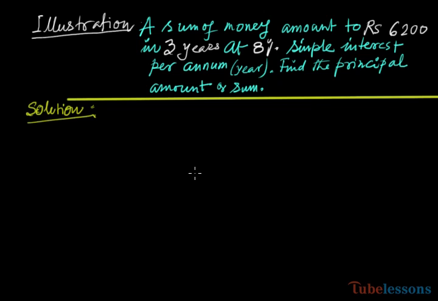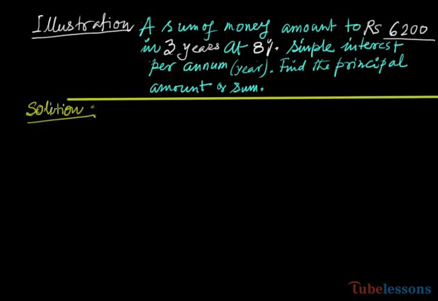Now let us discuss an illustration. A sum of money amounts to rupees 6200 in 3 years at 8% simple interest per annum. Find the principal amount or sum.